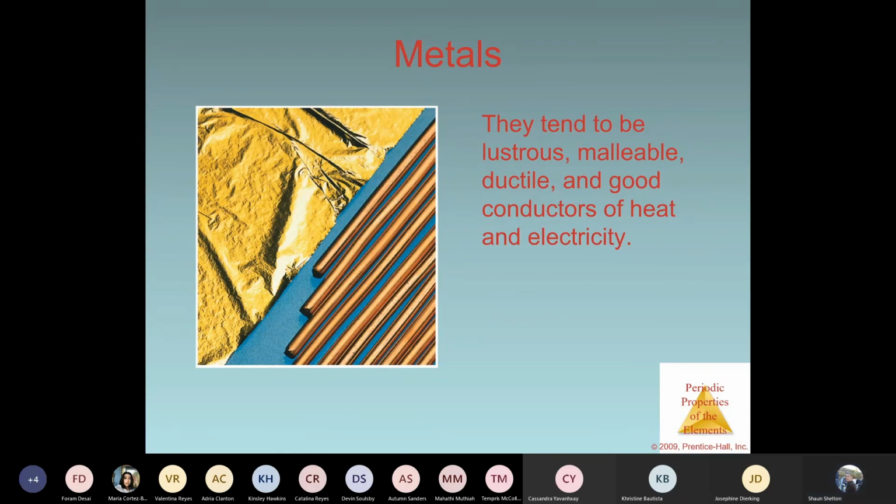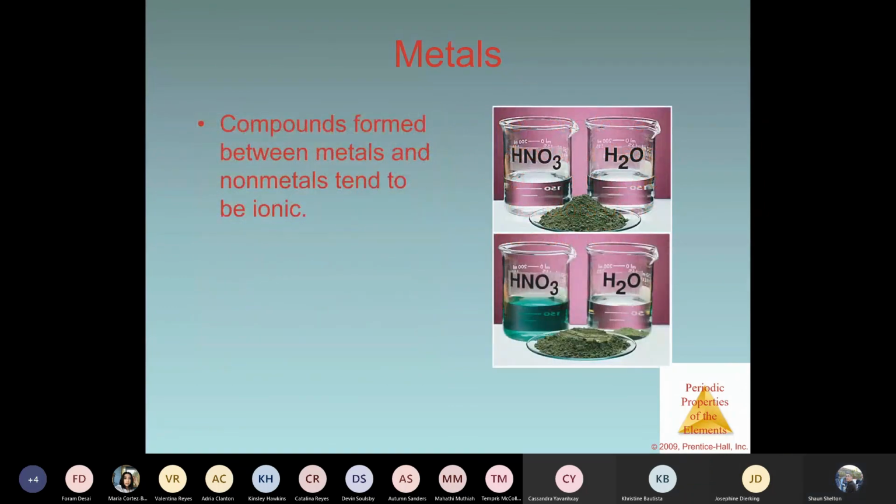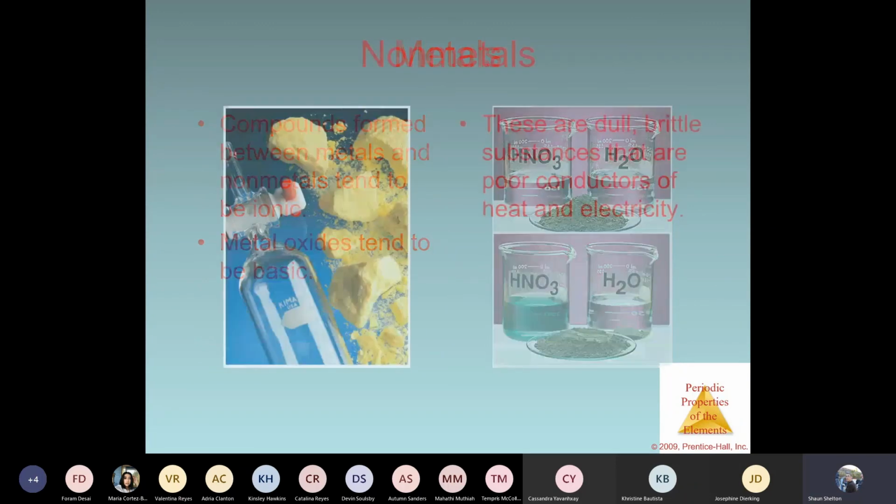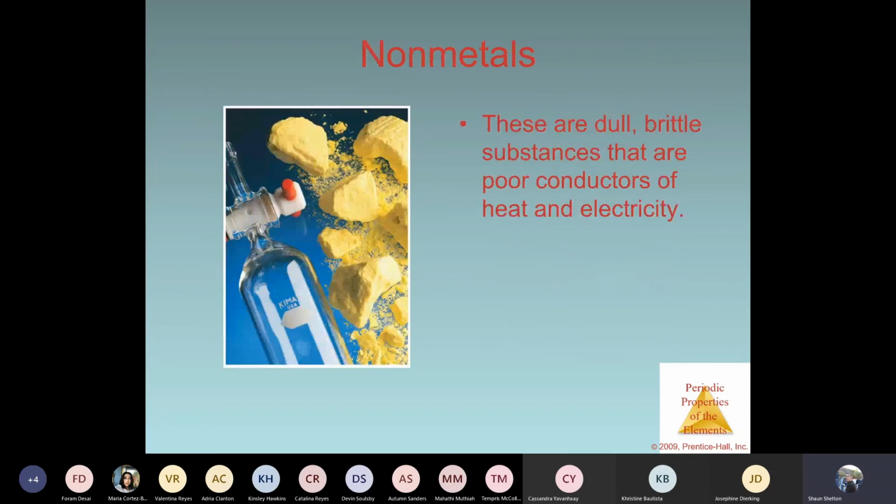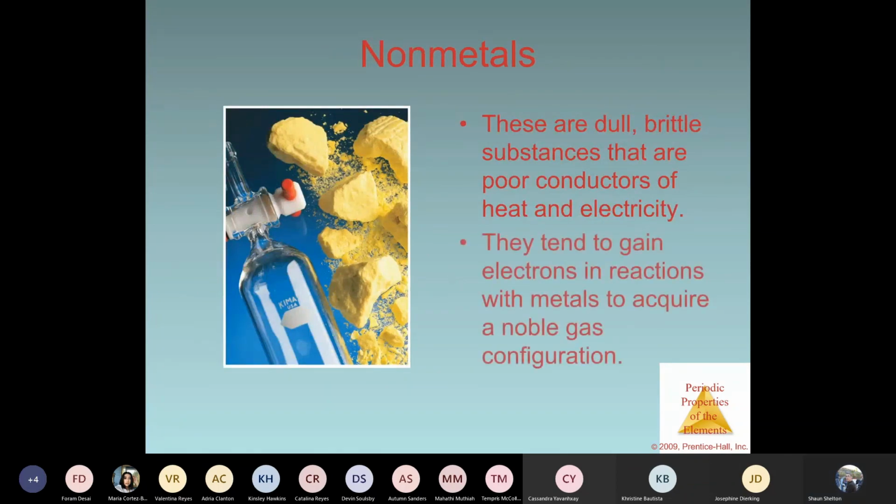Metals: lustrous, malleable, ductile, good conductors of heat and electricity. Compounds formed between metals and non-metals tend to be ionic. We talked about that very early in the semester. Metal oxides tend to be basic. Non-metals: dull, brittle substances, poor conductors of heat and electricity.